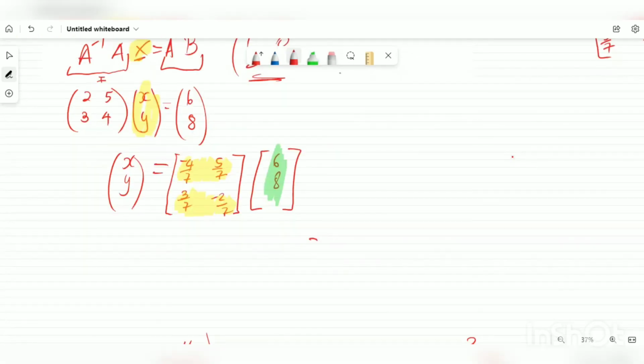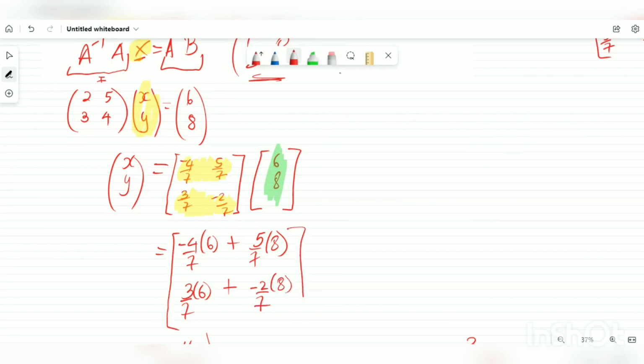So let's go. -4/7 times 6 plus 5/7 times 8. That's my first move there. Secondly, I'll have 3/7 times 6 plus -2/7 times 8.